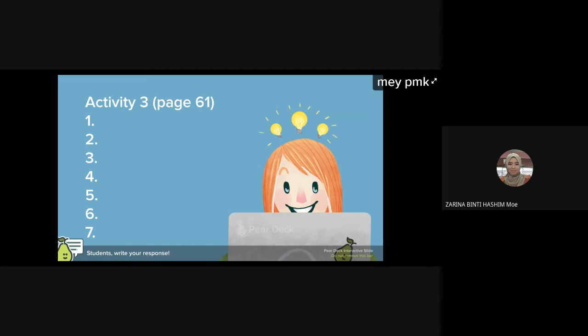We will look at how we form this in the sample activities after this, and you will understand better. Okay, the third one is about temporal.